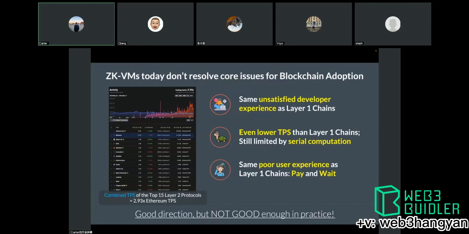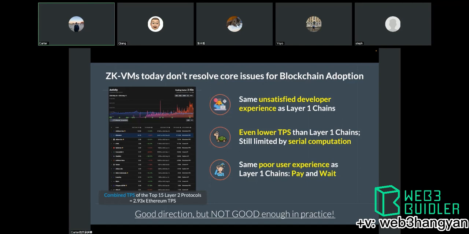If we look at existing ZK VMs, they have very large circuits, and in general the languages they support are either novel languages that no one knows how to write. Everyone kind of knows Cairo, but there's not a whole lot of developers writing Cairo or Move. Solidity has slightly more, but still not as many as traditional languages.